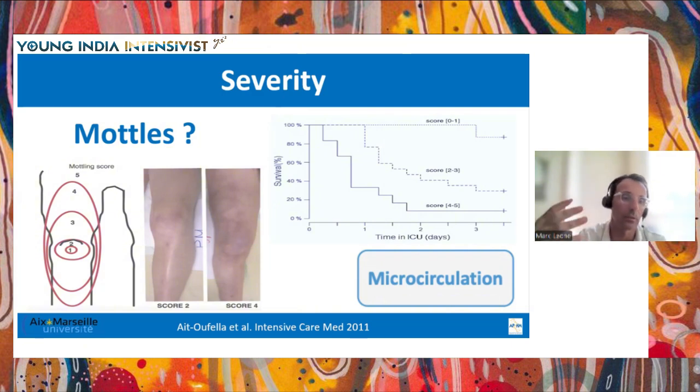You can use this mottling score that is very well associated with survival, and that's a reflection of microcirculation, and once again, without any cost, that's free. There is no device to buy. You can assess your patient and know if his or her microcirculation is impaired or not.